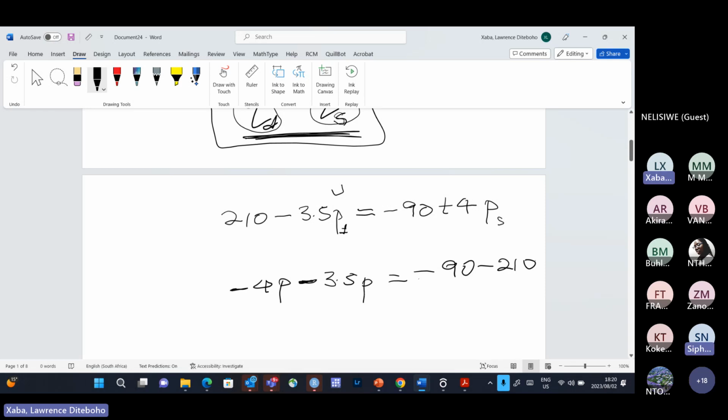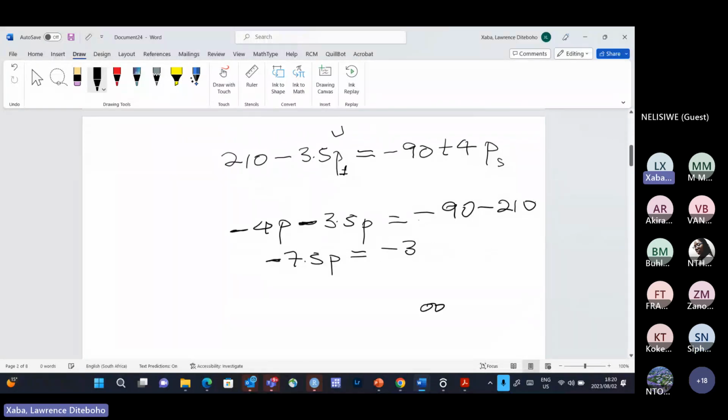It becomes negative 7.5P equals negative 300. We can get rid of this negative. Sorry, why? This is 300. Remember, our interest is to get the value of P, which is our price.